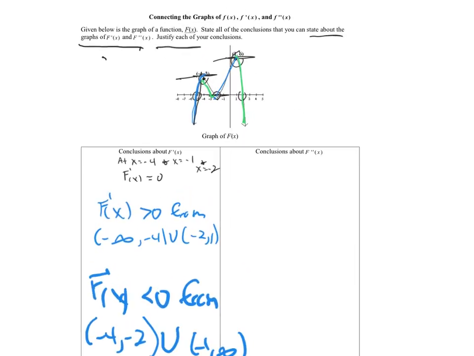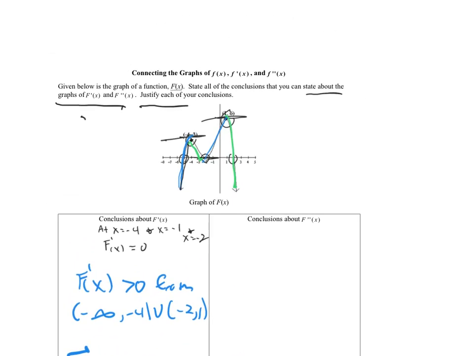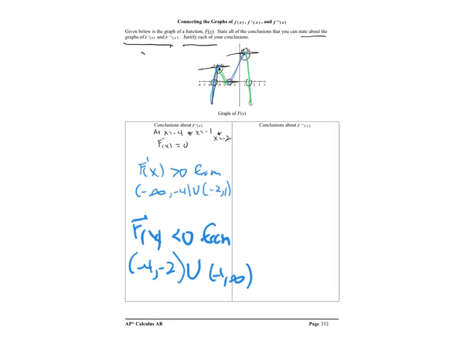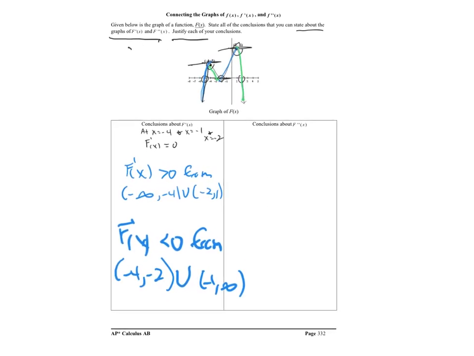What else can I say about the first derivative? Just a reminder, that's all I can tell. I don't have any other information about the first derivative other than where the extremas are and where it's bigger than 0 and smaller than 0.